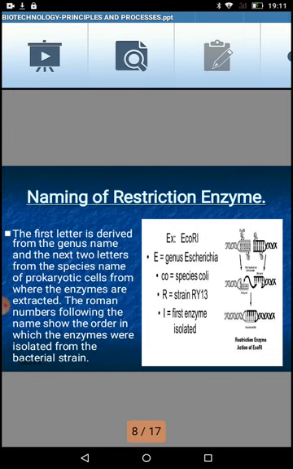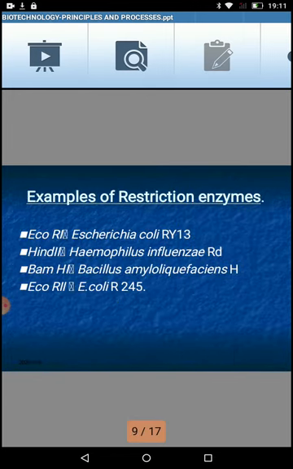Once we talk about restriction enzymes, there are many names. I'm just moving the slide forward. We have names like EcoRI, HindII, BamHI, EcoRII. These are just four or five I've listed here; there are many different types of restriction enzymes, and next to them you can see the organisms from which they are obtained.